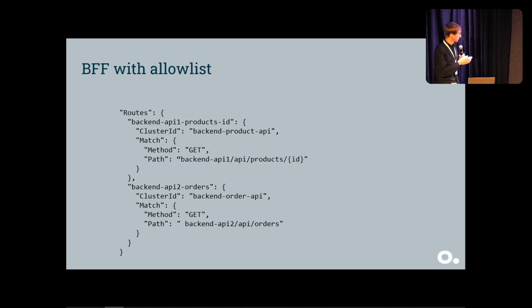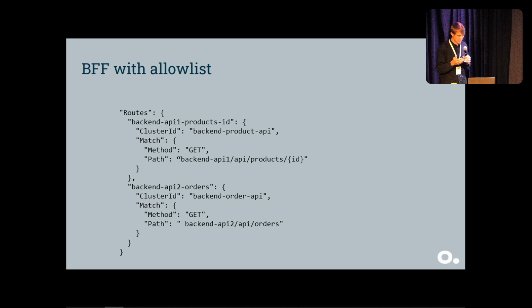And don't try to be clever here and introduce patterns and regular expressions and things like that. Pen testers and attackers are really good at bypassing those kinds of clever things. So just do a strict whitelist or allow list, and it solves the problem.